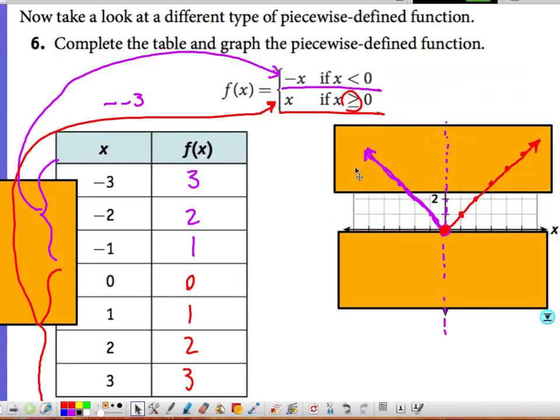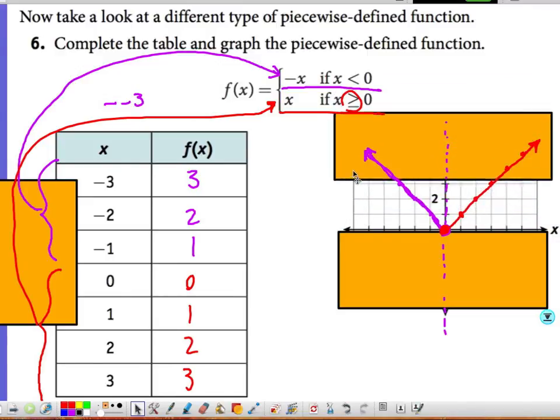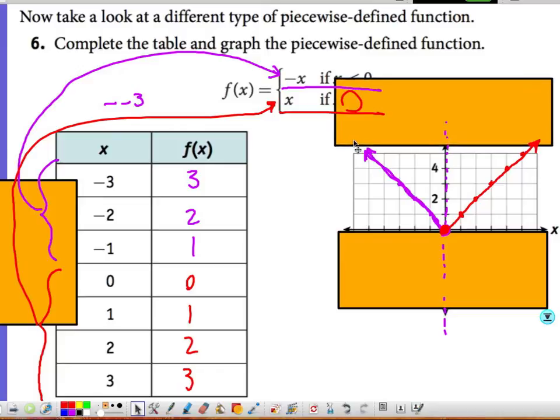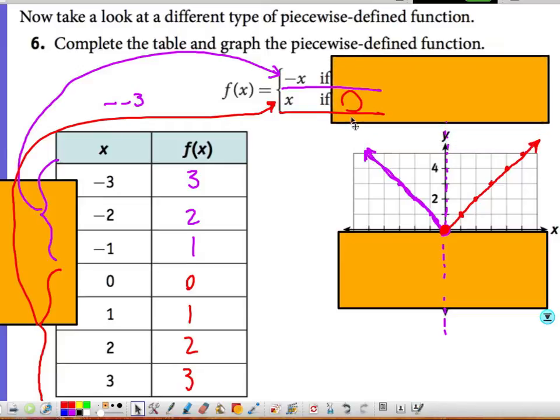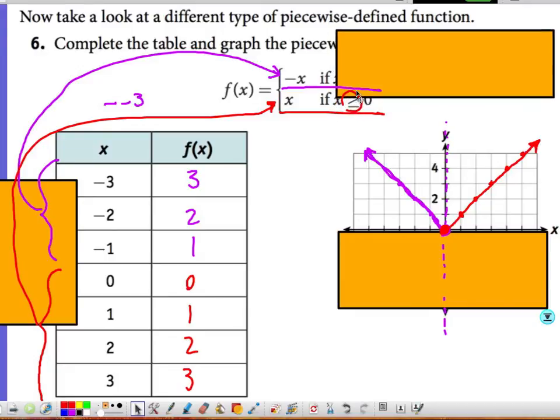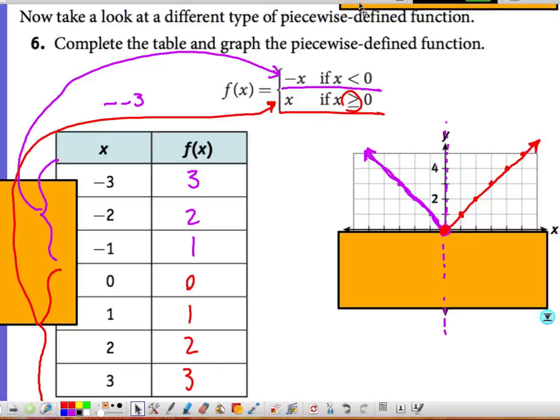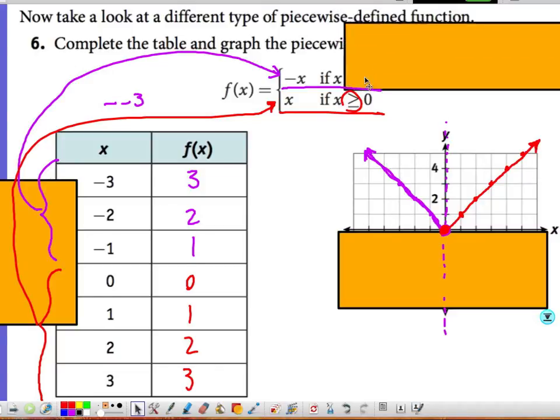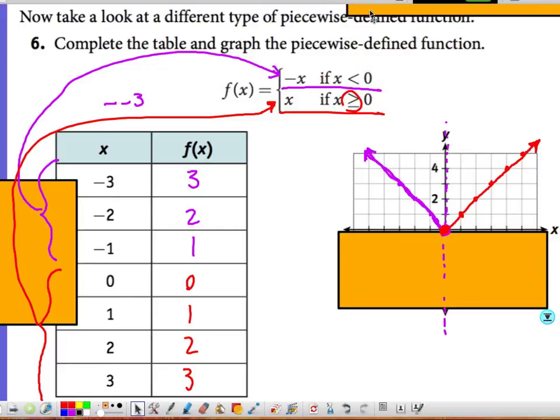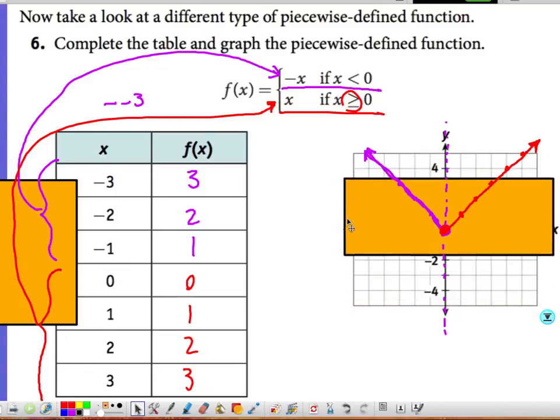When this top elevator door is opening up, it's not going to stop because these arrows are pointing basically up, and it just keeps on going and going and going, and it never stops. And so, is there a maximum value where this elevator door is going to stop? No, it just keeps on going and going and going. So there is no maximum. Now, what about the bottom elevator door?